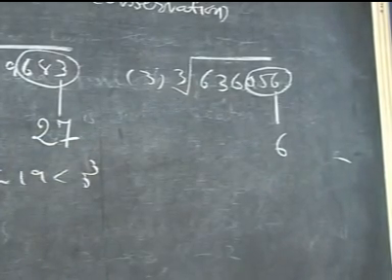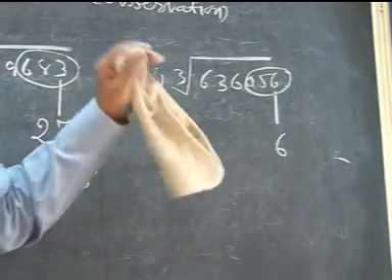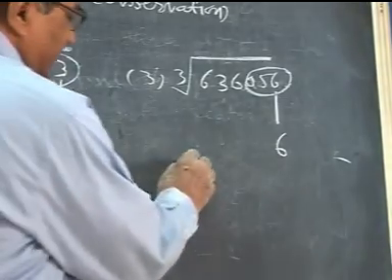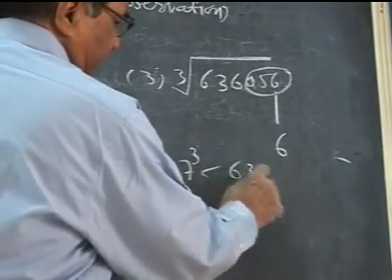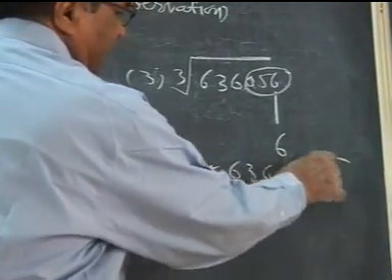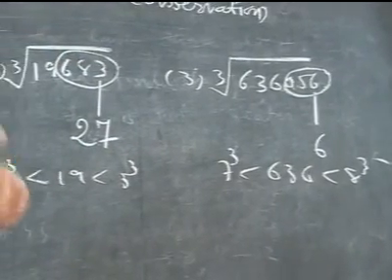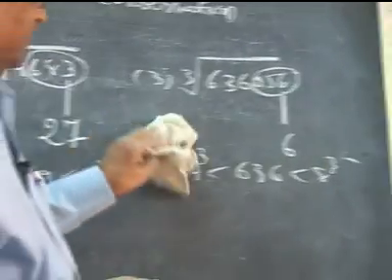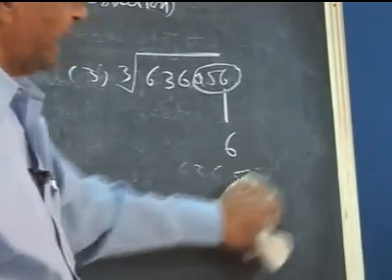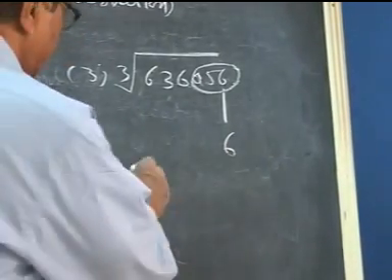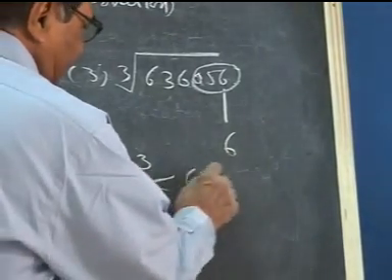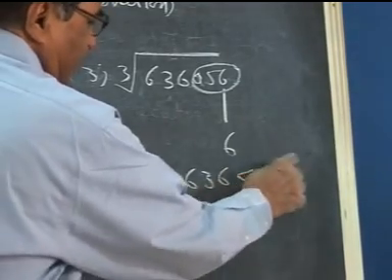You know 7 cube is 343, and 8 cube is 512, so 8 cube is less than 636, which is less than 9 cube.